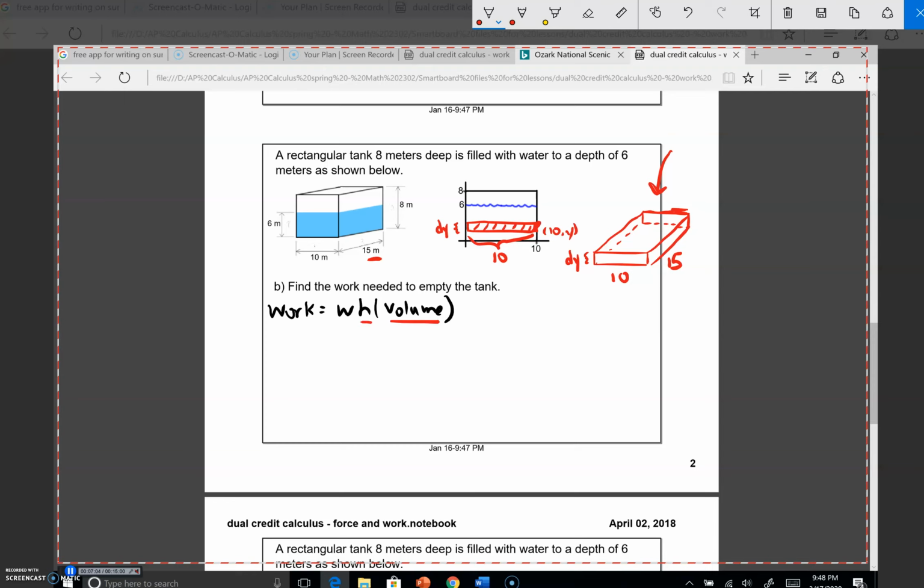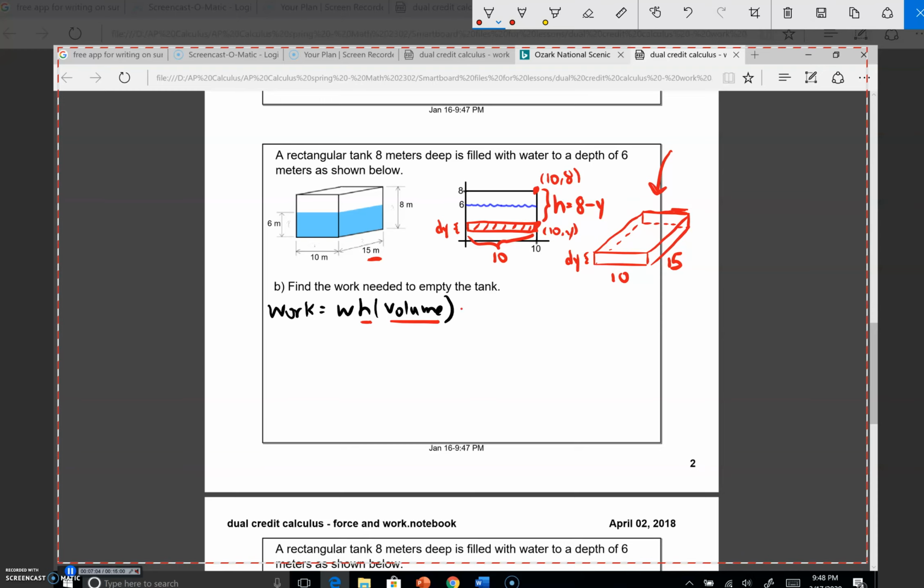All right, now we've got to also label h. h is the distance that this has to be moved to be out of the tank. So I'm going to need the name of this point, which is (10, 8). And our distance h then is top y value minus bottom y value. Here it is going to be 8 minus y.